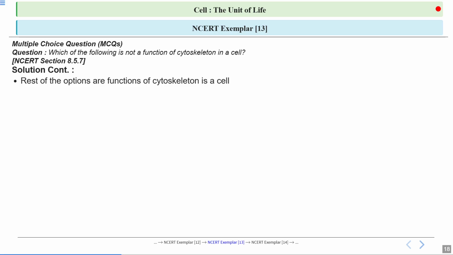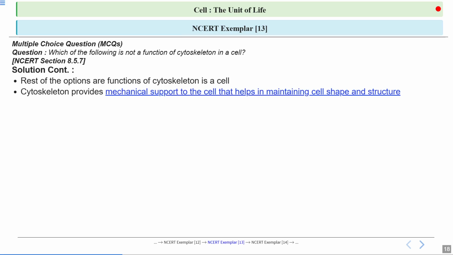So the rest of the options are functions of the cytoskeleton in a cell. Cytoskeleton provides mechanical support to the cell that helps in maintaining the cell shape and structure. Yes, these skeleton-like structures, we are talking about the cytoskeleton. They are helping to make a particular shape of the cell and structure.